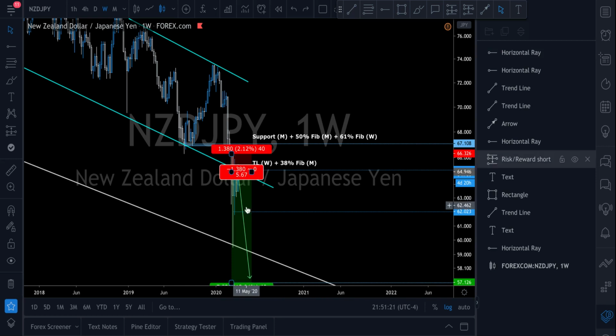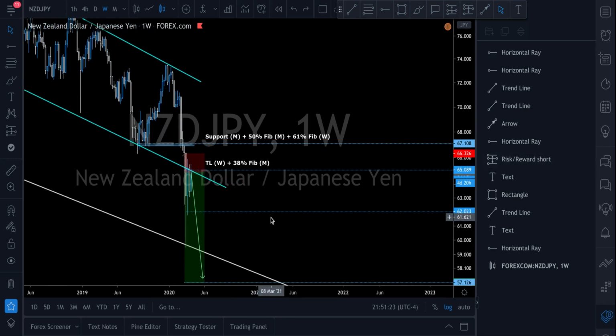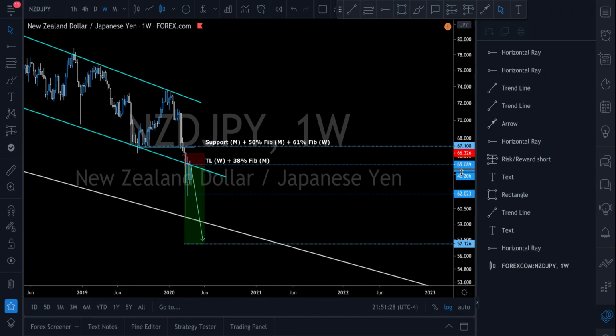And if we decide to let it run past this potential area of support towards our profit target, then we would have a higher probability of not losing money, because obviously our break even is with our stop loss.